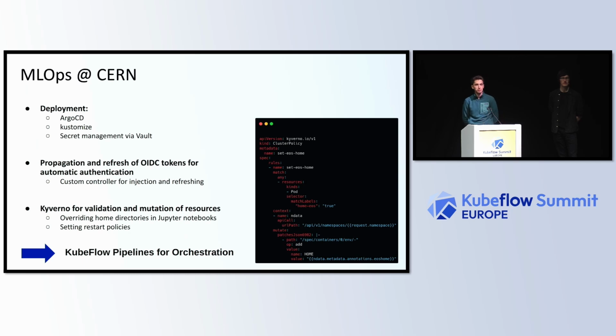So we need to propagate these authentication tokens somehow to the notebooks. And we wrote a custom controller to inject these tokens and refresh them. And we also use Kyverno for overriding the home directories in notebooks. And we set some restart policies on sidecars that are not yet supported by pod defaults, but we hope to contribute upstream for this to be supported.